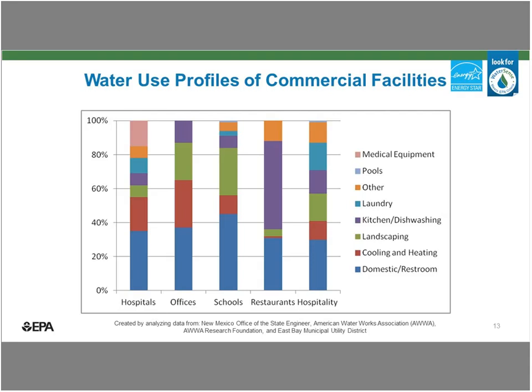And then depending on how large your landscaping is outside and whether or not it's irrigated, landscaping can be a significant portion of water use as well. And then with other types of facilities like medical equipment or pools and spas, there's all sorts of other things that could be potential water users and be significant.